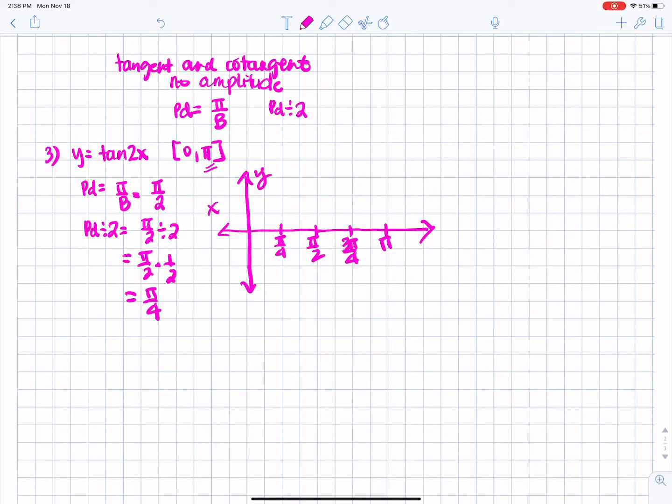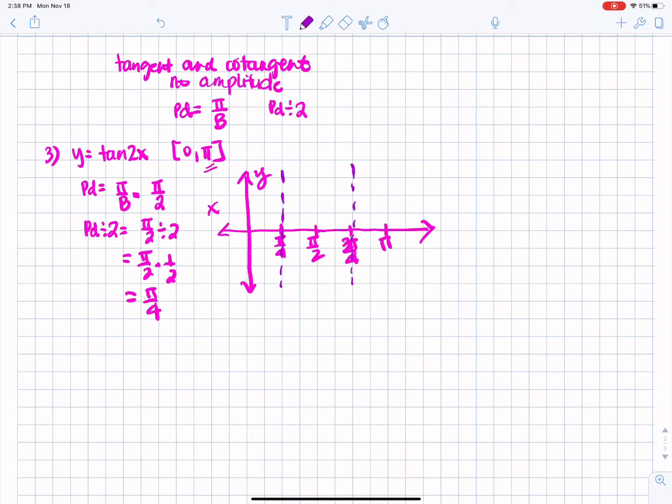Now your asymptotes are where you have odd labels on the x-axis. So it's on the first one. Okay, let me color code that. It's on the first, on the third, and so on. It's on the odd labels, first, third, fifth, and so on.